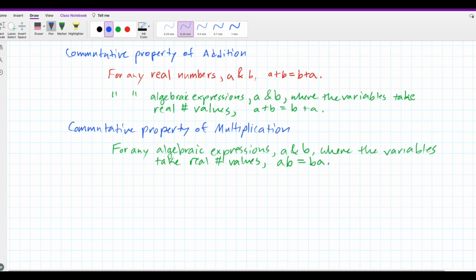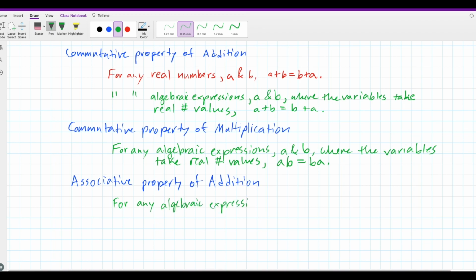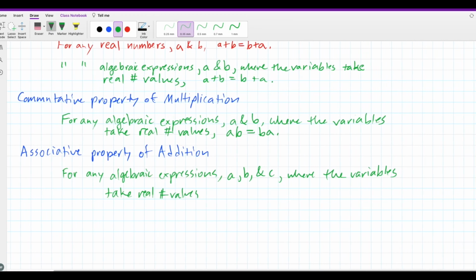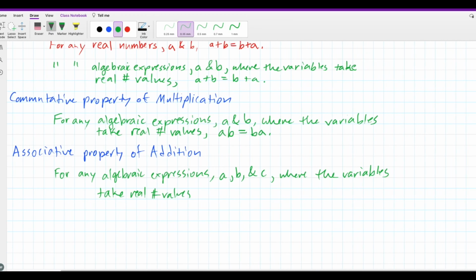Okay, next up, the associative properties. Once again, I'm going to skip the version that's just for real numbers and we'll just focus on algebraic expressions. This time we're going to need 3 of them, for any algebraic expressions a, b, and c this time, where again the variables take real number values.